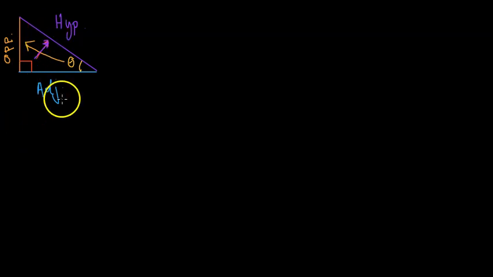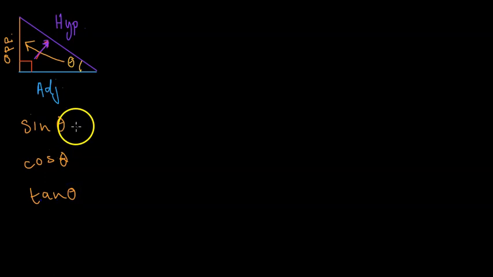Now let's put these side lengths into use and start writing out some identities that we need to know. So I'm sure that in VCE or year 12 or year 9 or year 10 or year 11 mathematics, you would have been introduced to these following identities. Sine theta, cosine or cos theta for short, tan theta. Okay, let's write out what these actually have to do with these side lengths.